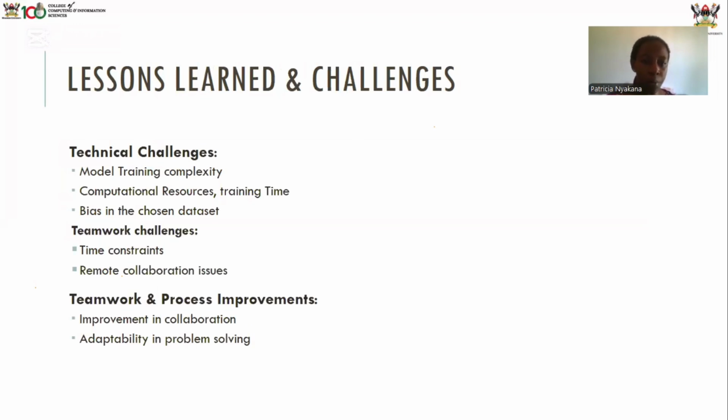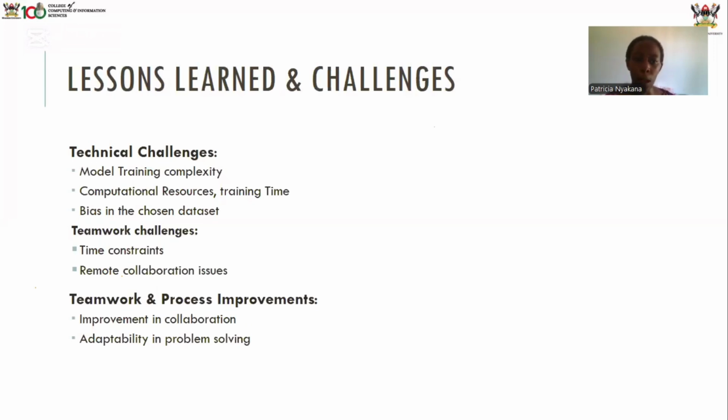There's complexity during model training, computational resources like training time, and also bias in the chosen data set because we have the Xanthomonas class having very many more images than the other two classes.